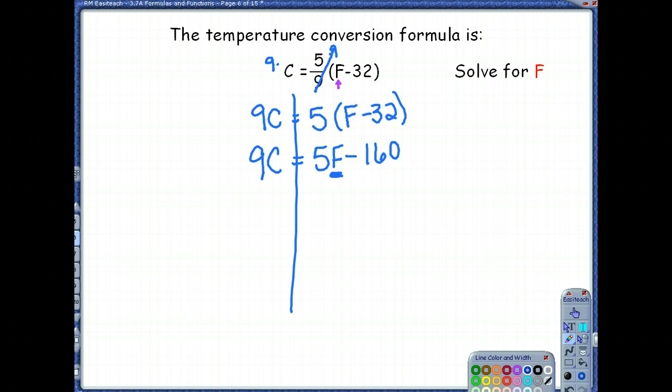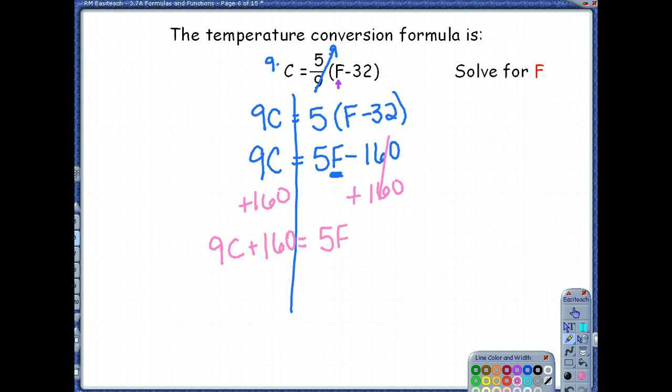That's my goal. So this one looks a little bit more like a normal equation. I could go ahead and remove that 160. So because it's negative right now, I'm going to add 160 to both sides. So right now I have a 9c plus 160 is equal to my 5f.